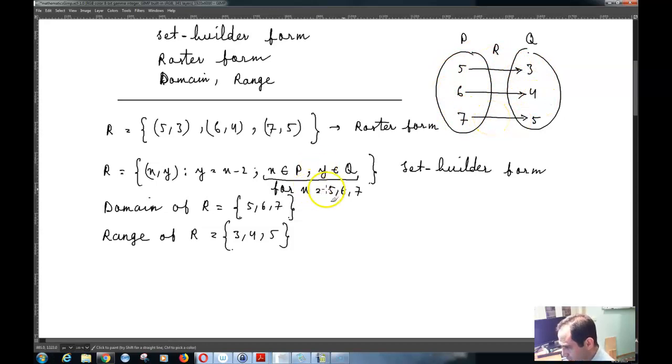But this way you already know, for example, your X's are basically these three numbers, and then subtract 2 from each of them, and you will get the other set over here. And that's basically that.